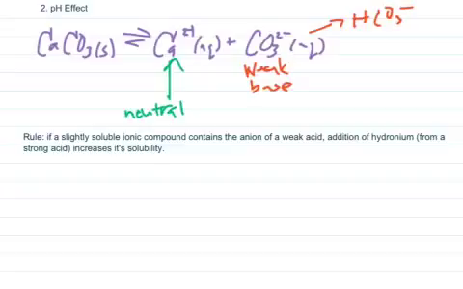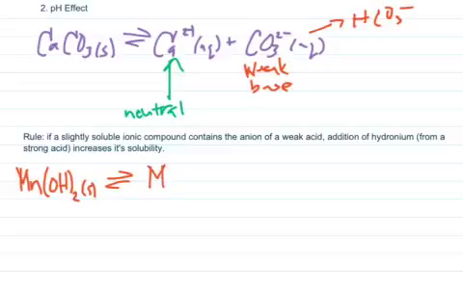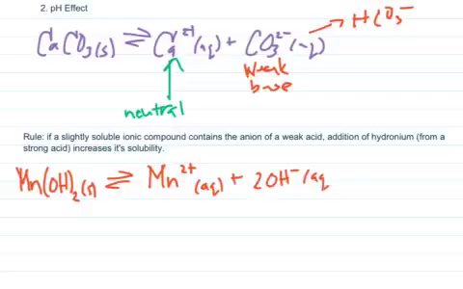Now let's do a few examples on this. If I give you manganese hydroxide, which is a solid, we're going to break it up into its ions, so manganese 2 plus aqueous plus 2 OH minus aqueous. First thing we know is manganese is neutral because it comes from a transition metal, so it's one of our neutral ones.